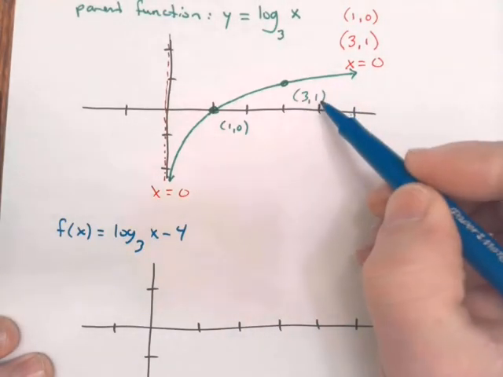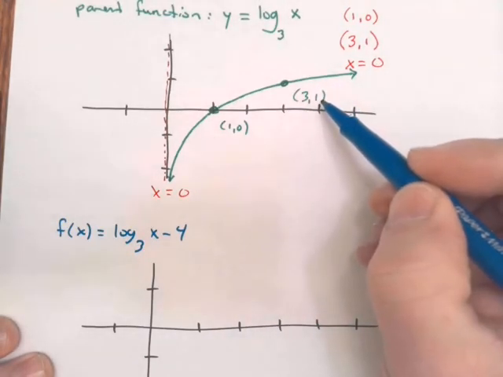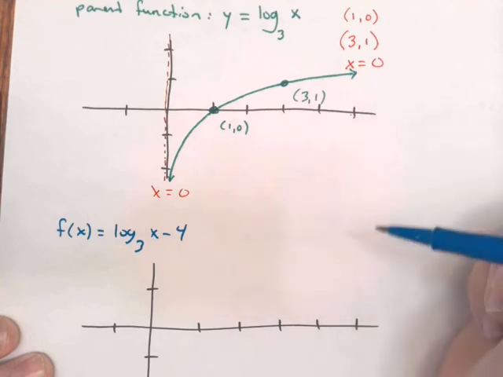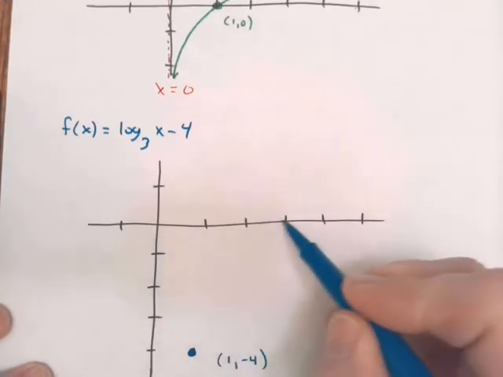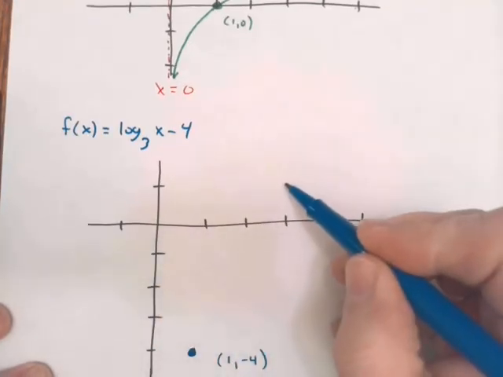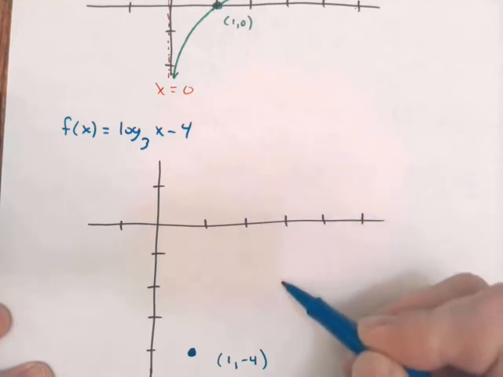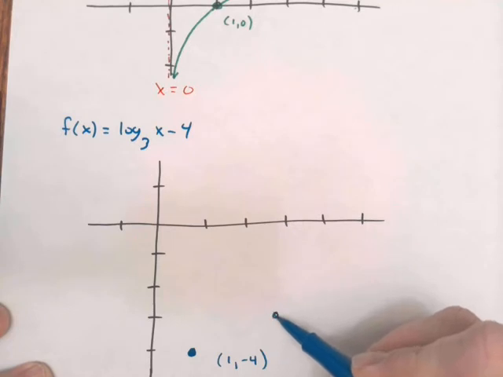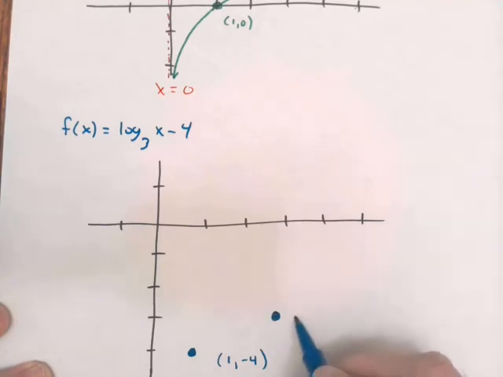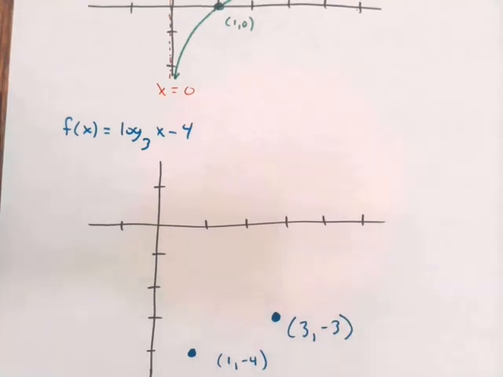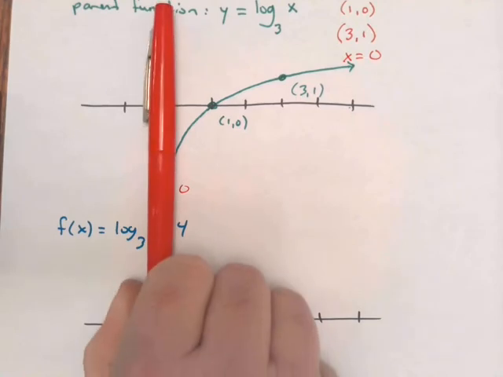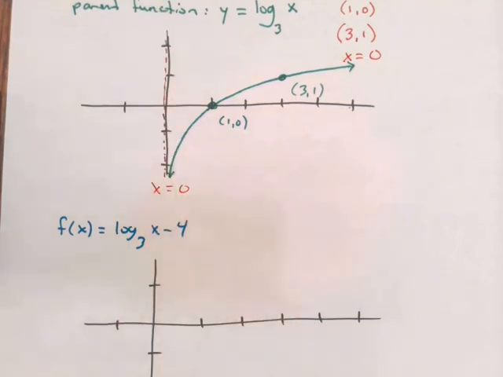The parent function also goes through 3, 1, and I need to move that point down 4 units also. So 3, 1 is where the parent function's point would be, and I need to move that down 4 units. And that would be the point 3, negative 3. I also need to take this vertical asymptote and slide that down 4 units.